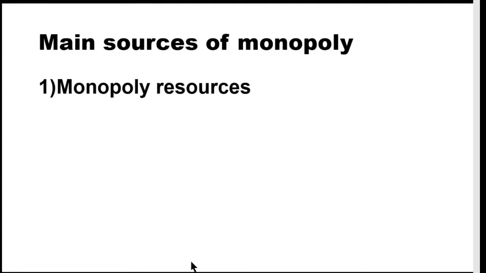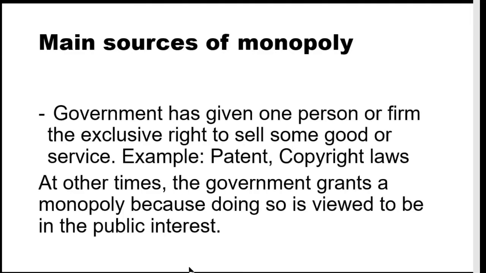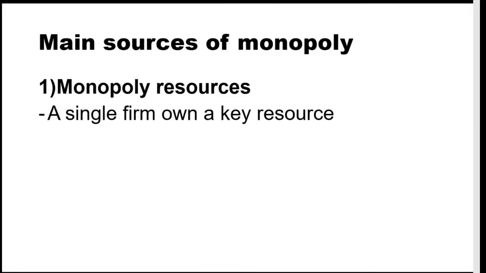First we have the monopoly resources, wherein a single firm owns the key resource. In this case, for example, we have a well. So, if there are many wells in the area, so there are many sources of water.